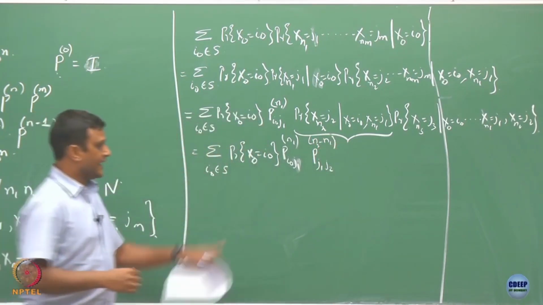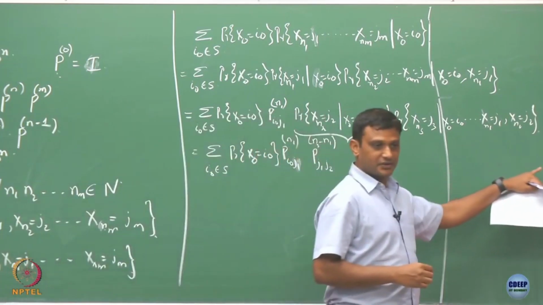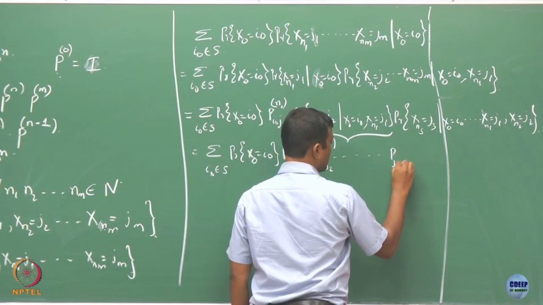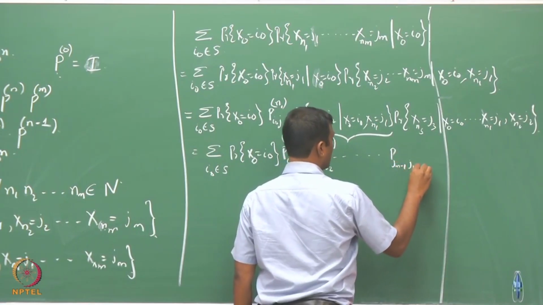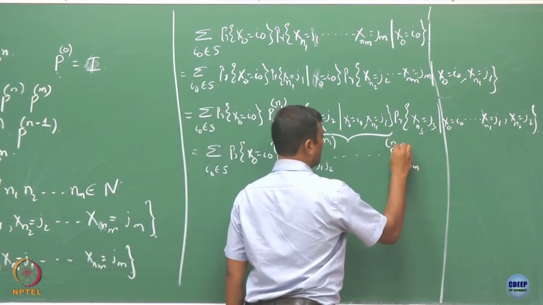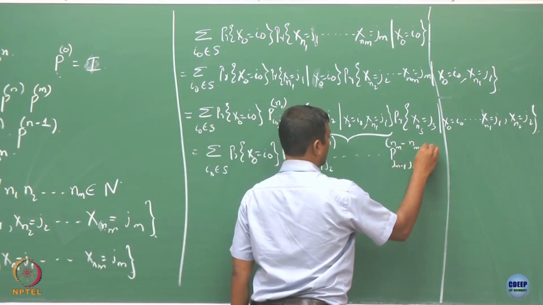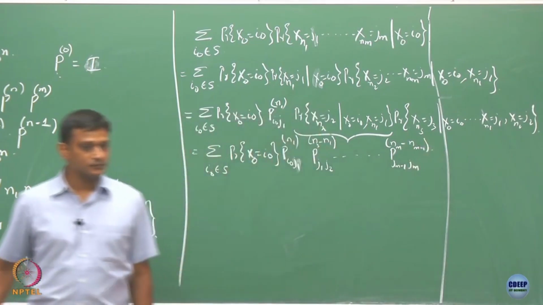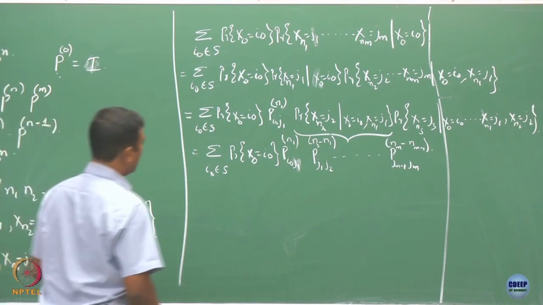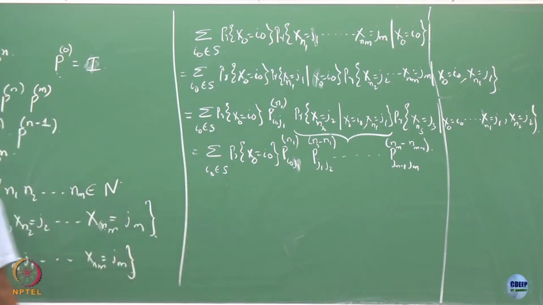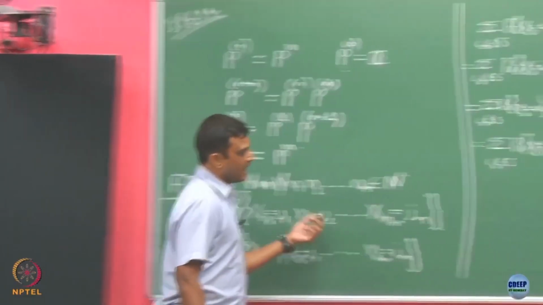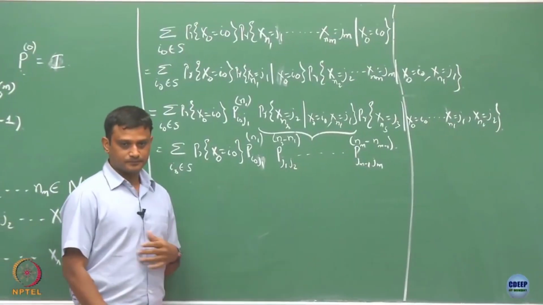and I can keep on repeating these steps, and finally the last step I am going to get is J(m-1) to Jm. Now let us focus on the last term. So whatever this joint distribution of m random variables, I am able to now express in terms of this.